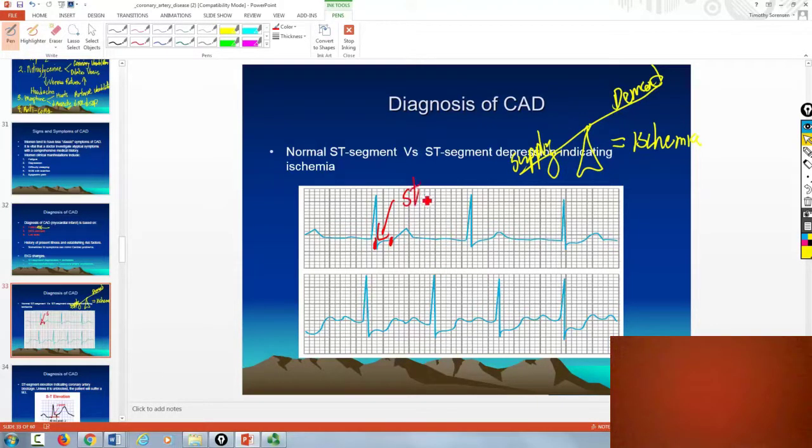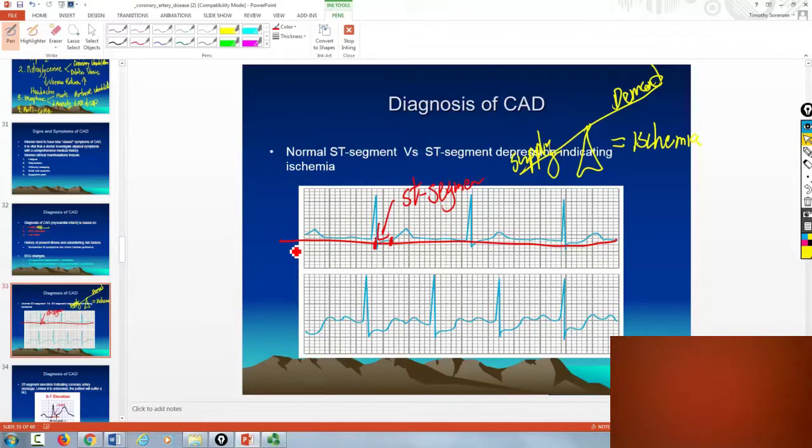And normally, on most EKGs, I'm going to try to draw a straight line if I can. This is the baseline. So the ST segment should be at baseline, and that's pretty close, right? So there's no evidence of ischemia.